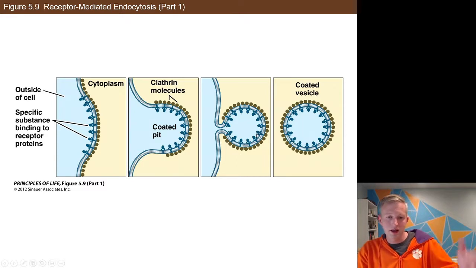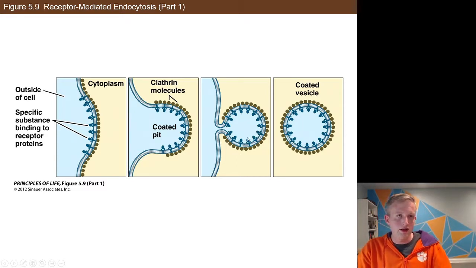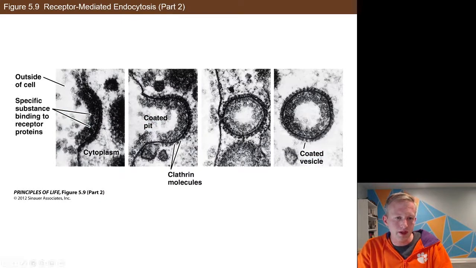So when I say that to make a vesicle you need like 18 different proteins, it shouldn't be that surprising, just because there are so many different proteins serving very specific roles inside of the cell. And what's kind of cool about this diagram is you can see that it is modeled after an actual microscopic examination of this process in action inside of a cell.